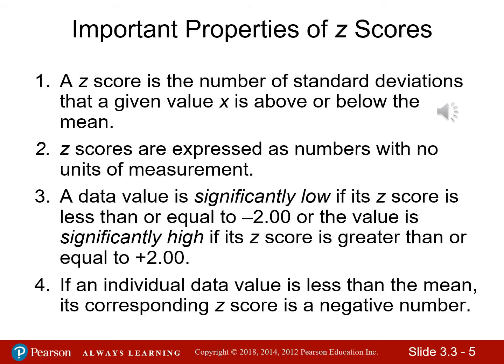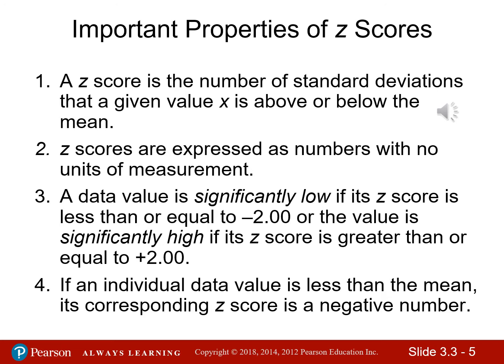That is to say, a z-score of -2 tells us the value of x is 2 standard deviations below the mean. A data value is significantly high if its z-score is greater than or equal to +2. In other words, a z-score of +2 tells us the value of x is 2 standard deviations above the mean.